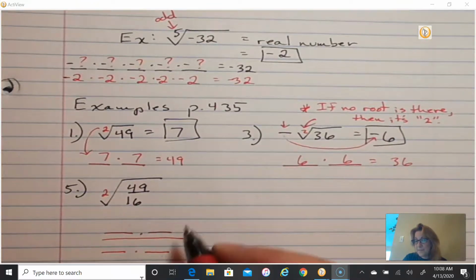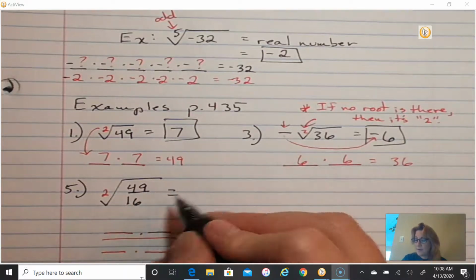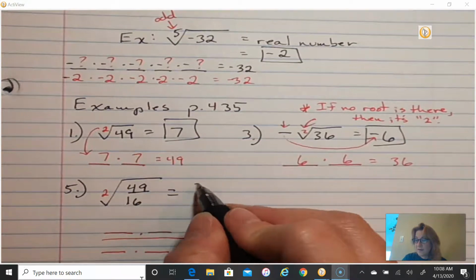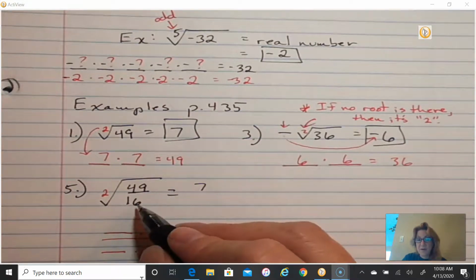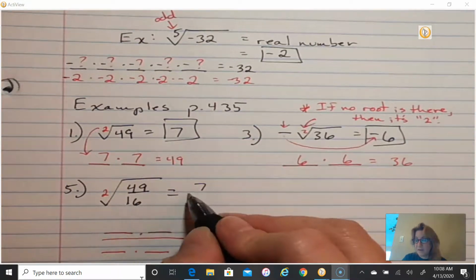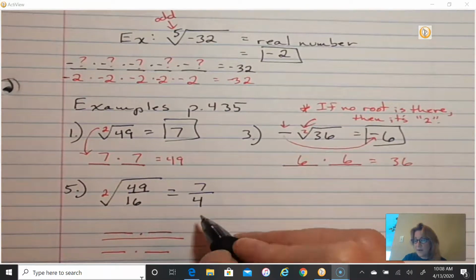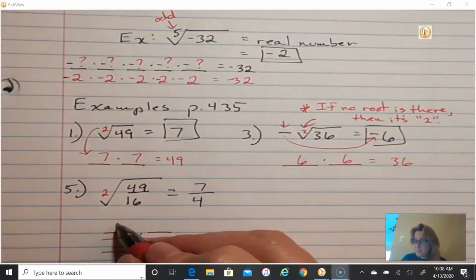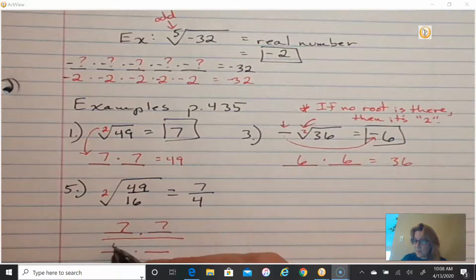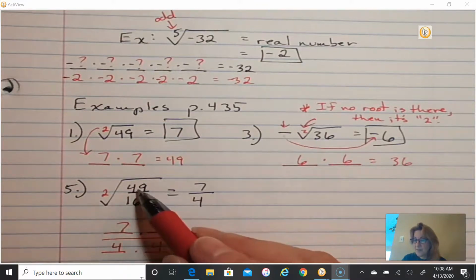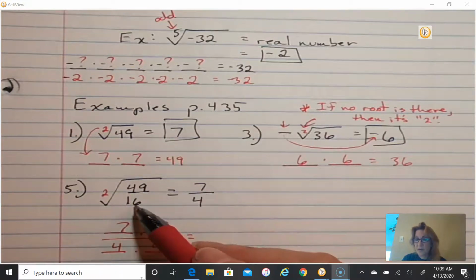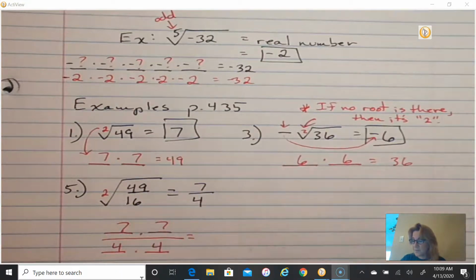What number times itself twice is going to give you 49? 7. What number times itself twice is going to give you 16? 4. 7 times 7 and 4 times 4. See? 7 times 7 gives you 49. 4 times 4 gives you 16.